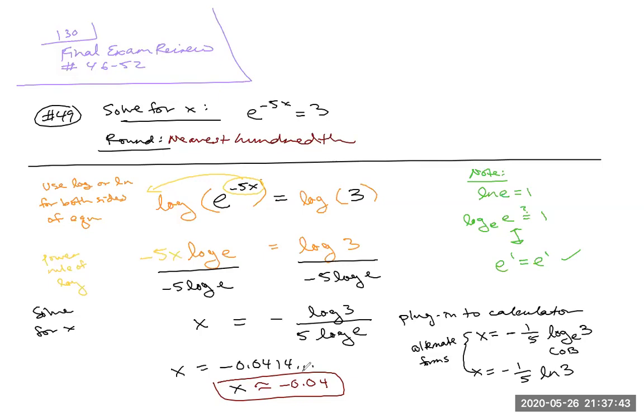So if I take e to the negative 5 times my answer, let's see. Let me double check one more time because I think I might have done something. Let me pause real quick.